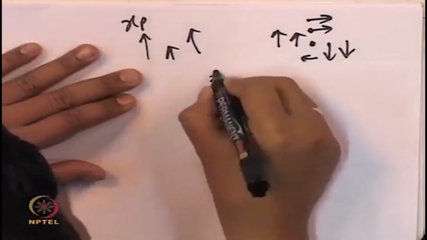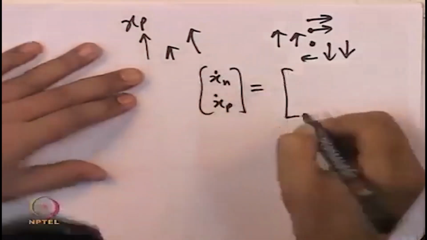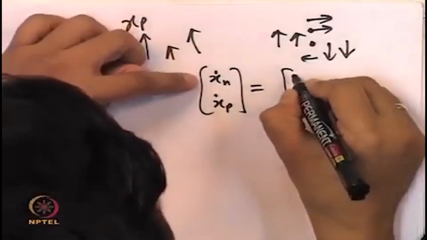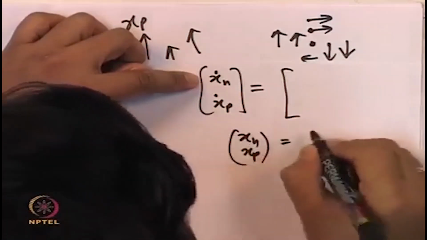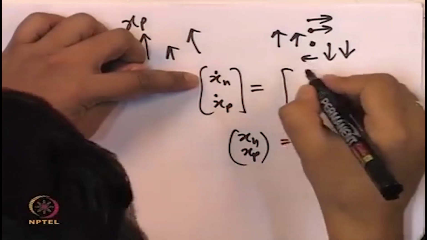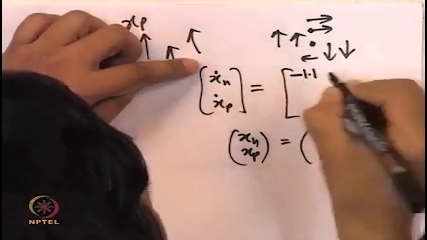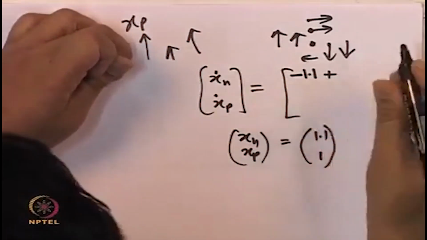So, XH dot, XP dot, we are evaluating at the point XH comma XP equal to 1.1 and 1. So, this is minus 1.1 plus 1 times 1.1.